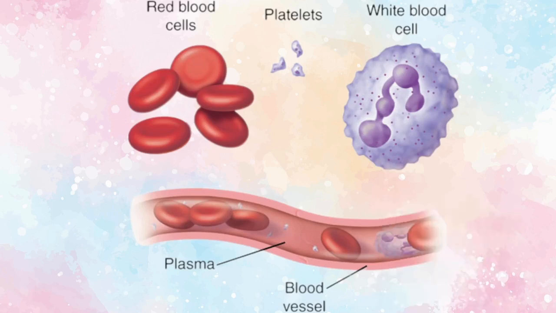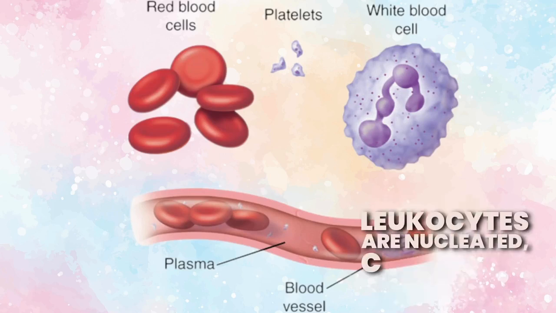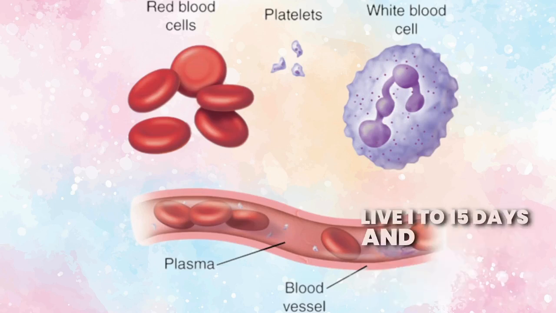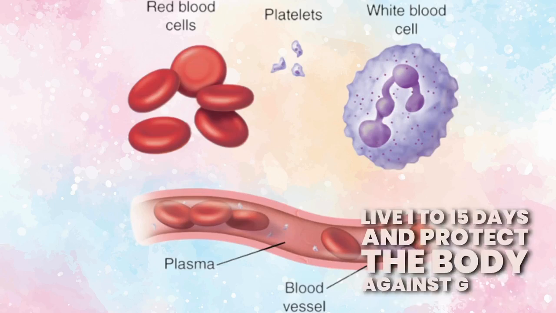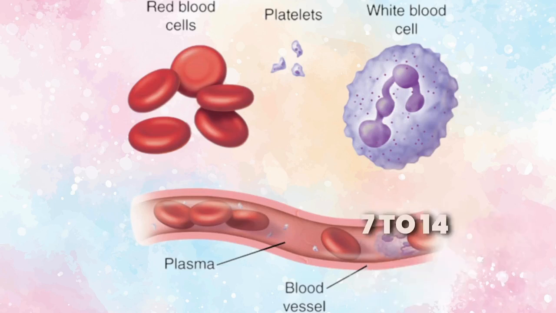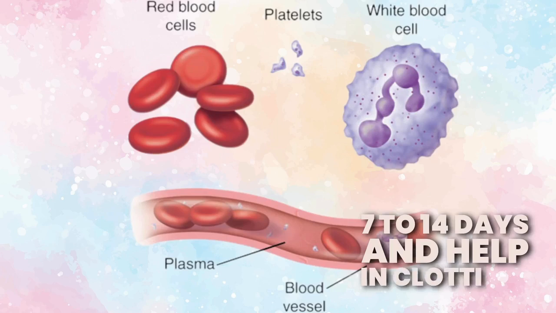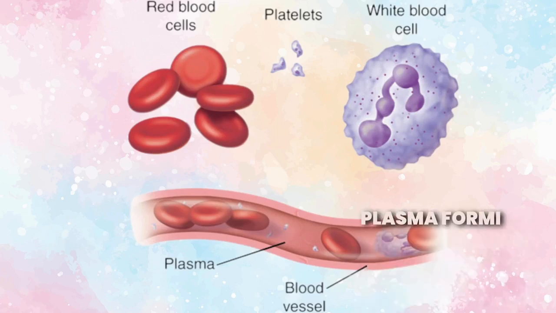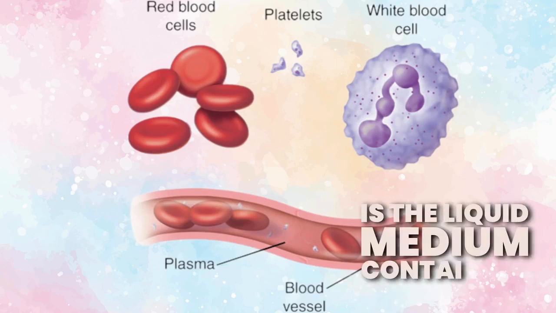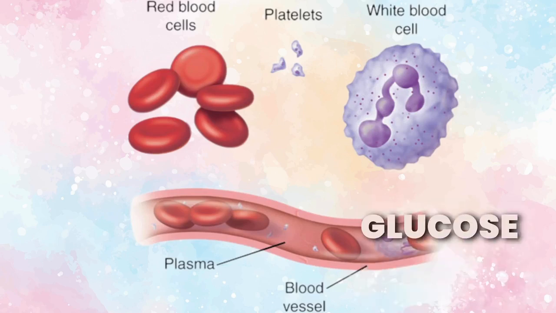White blood cells, leukocytes, are nucleated, colorless, fewer in number, live 1 to 15 days, and protect the body against germs. Platelets are irregular cells, living 7 to 14 days, and help in clotting. Plasma, forming 55 to 60% of blood, is the liquid medium containing dissolved salts, glucose, and other substances.